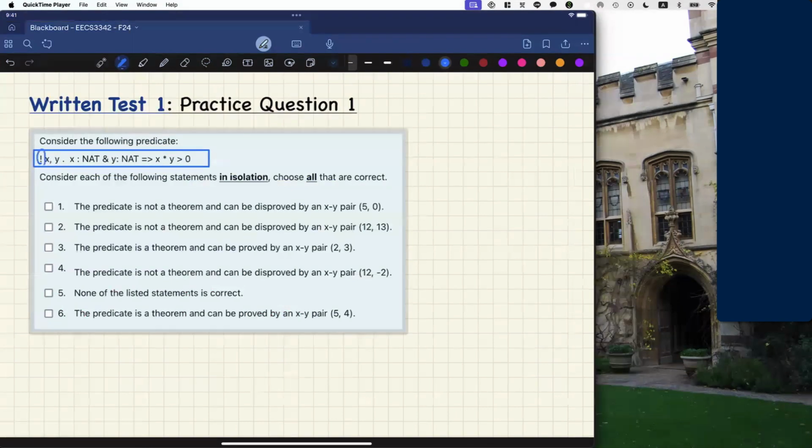Apparently, this is a universal quantification. So it would be for every x, y, bullet point, and then the range will be x should be a natural number, and also y is a natural number, and then it is the case that x multiplied by y is larger than 0.